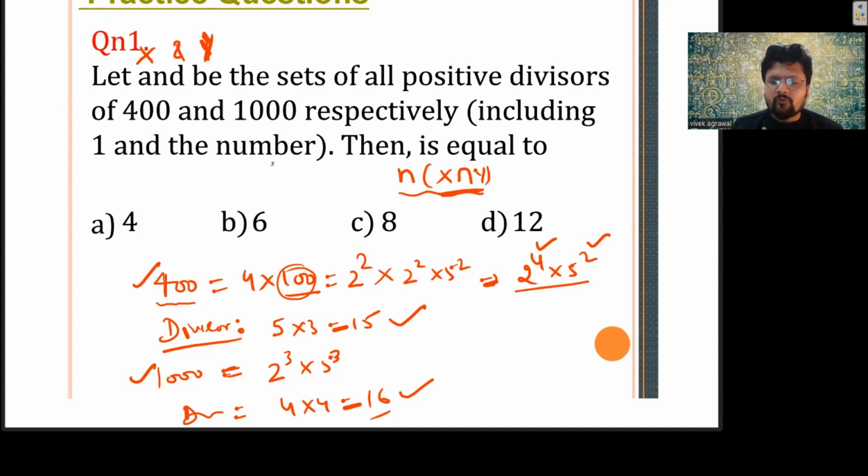So what is the biggest number which divides both the given numbers? What do we call it? HCF, right? So what will be the HCF of 400 and 1000? 200. Yes. So the HCF will be 200. So instead of finding the divisors of 400 and 1000, we can directly find the divisors of 200. Understood?